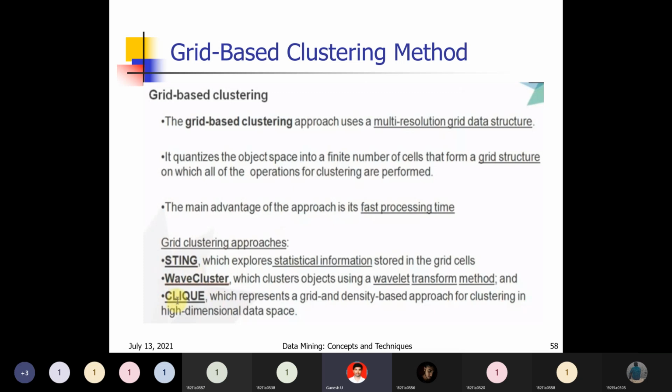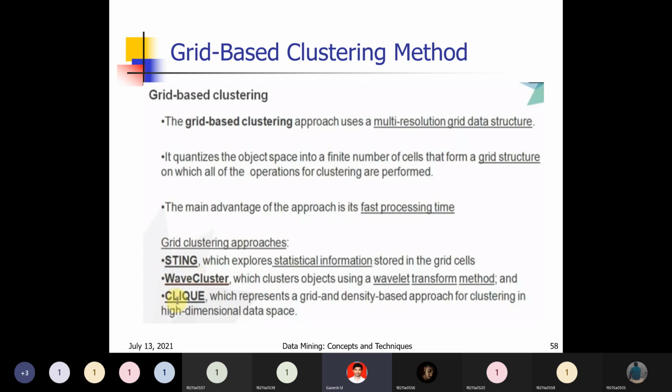Next, CLIQUE is another grid clustering method which represents a grid based and density based approach for clustering in high dimensional data space. So CLIQUE is a combination of both.